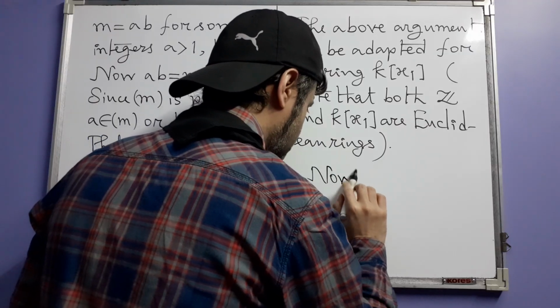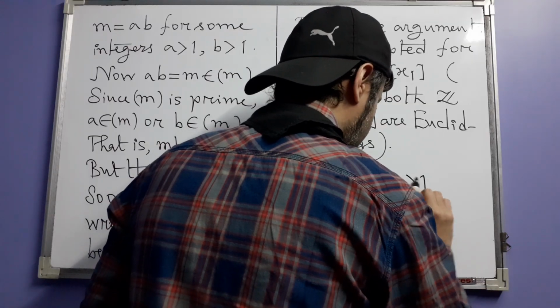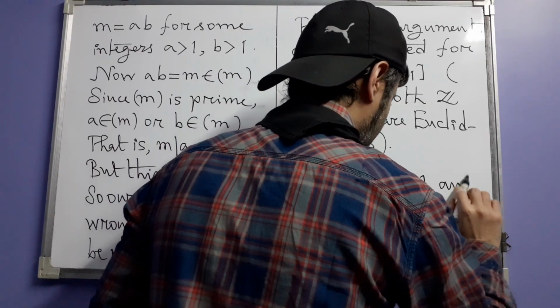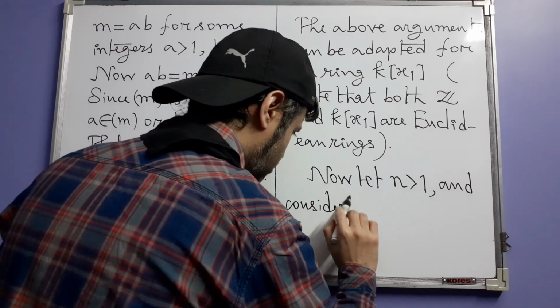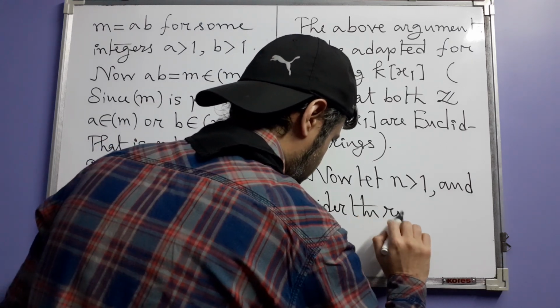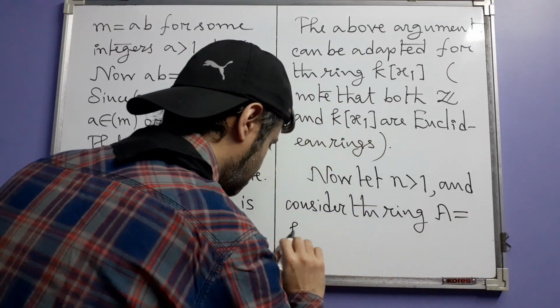Now, let n be greater than 1 and consider the ring A, which is our polynomial ring.